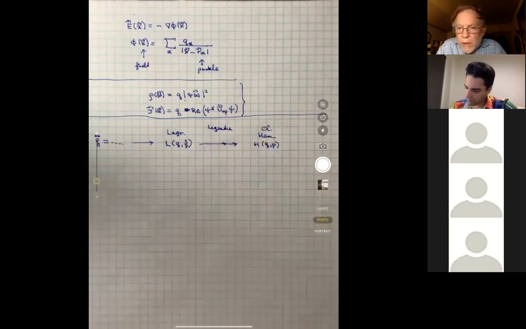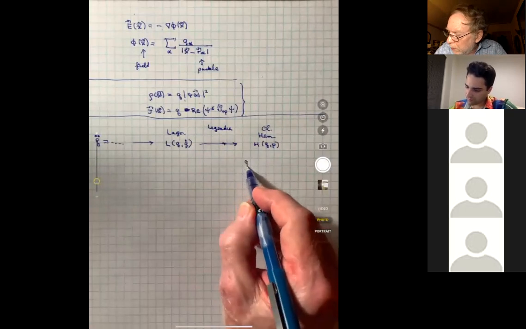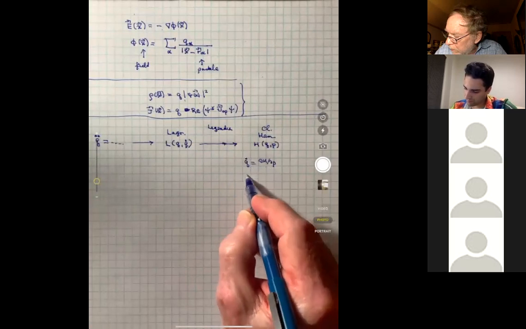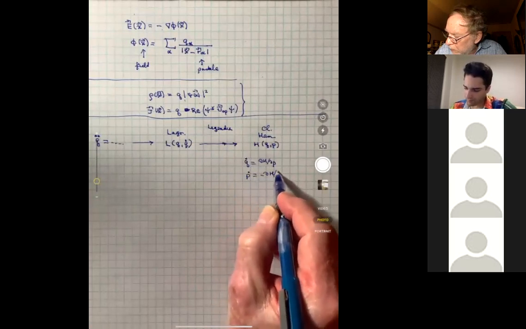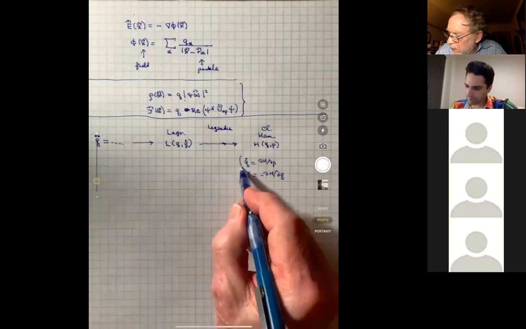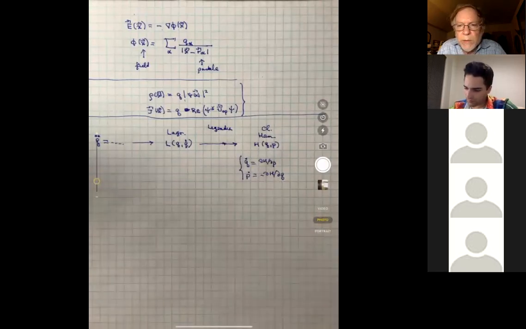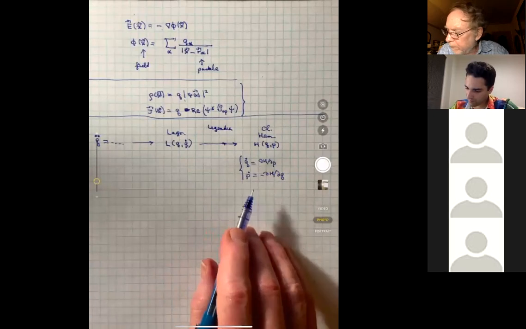But these are classical q's and p's and therefore c-numbers, meaning that the equations of motion are now q dot equals dH/dp and p dot equals minus dH/dq. These are Hamilton's equations of motion. And if we've done this right, they will be equivalent to the original equations of motion we started out with. So this sets up a classical Hamiltonian description of the system.